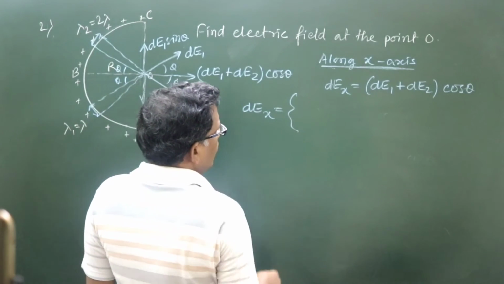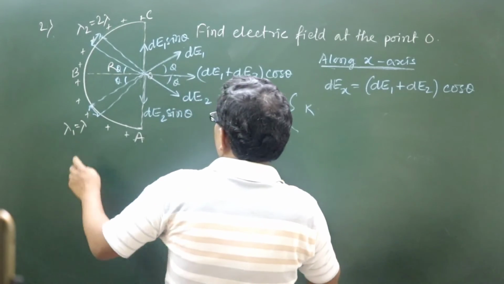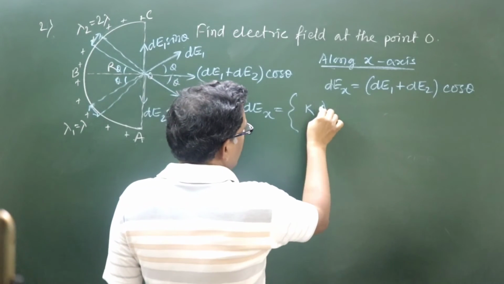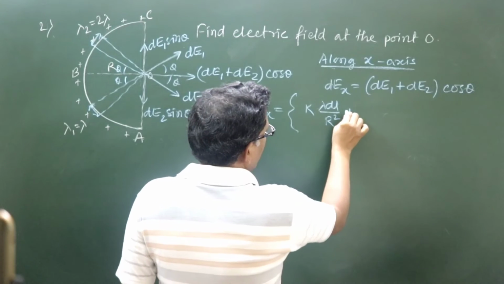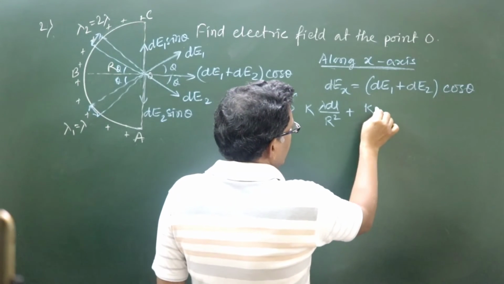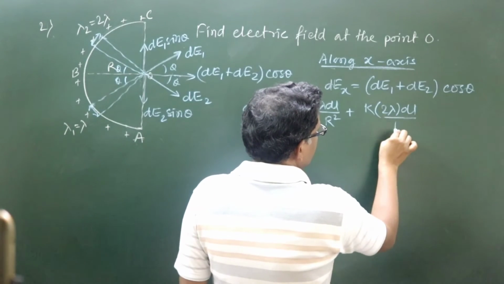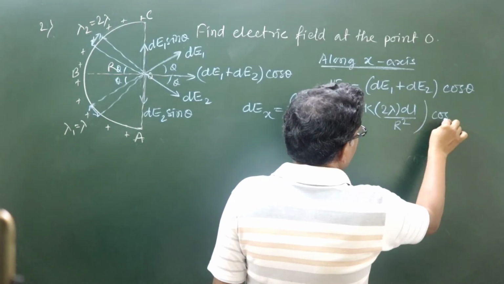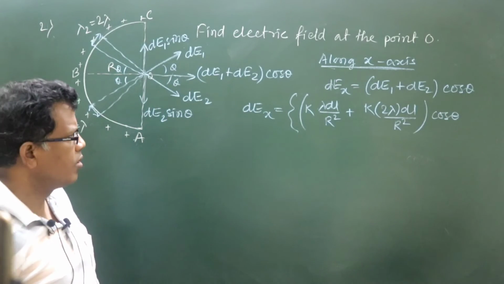So dE1 can be written k into lambda dl by r square, plus dE2 will be k into 2 lambda into dl by r square, both into cos theta. In case of dl we can write r d theta in both.